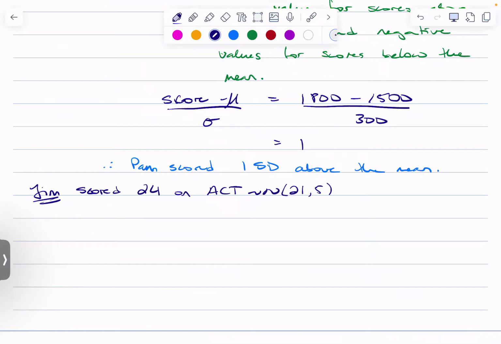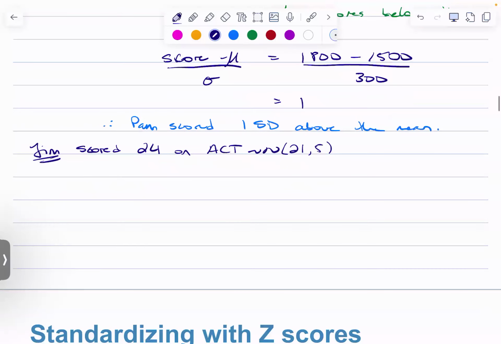Just jotting down so I don't have to scroll up and down so much. Which means that his score minus his mean divided by his sigma is 24 minus 21, still above the mean.